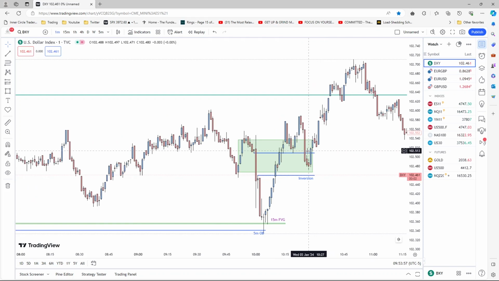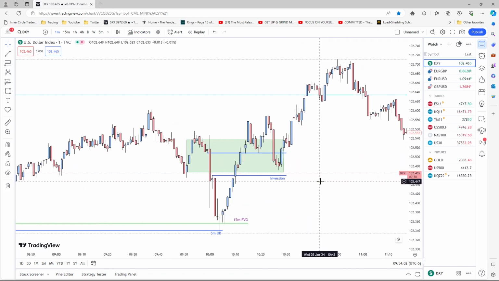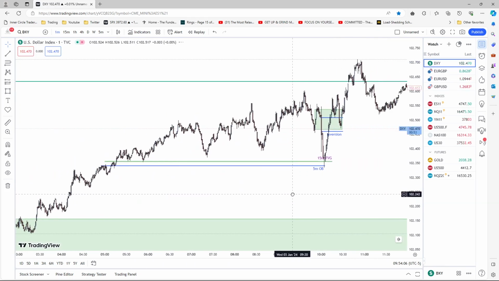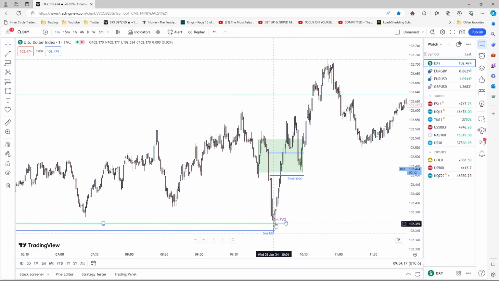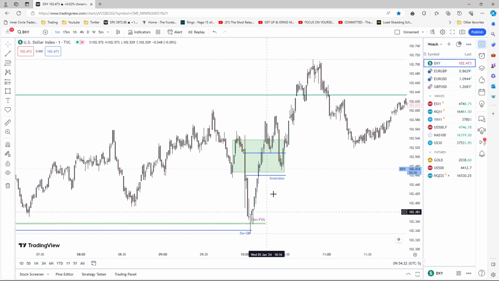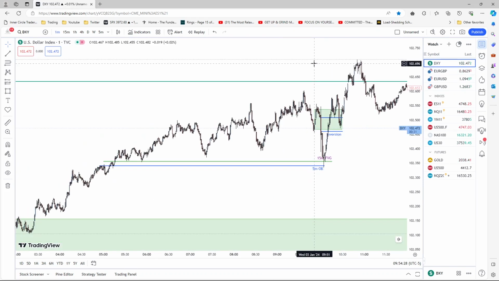Now what happened in this trade? In this specific trade, we never went from external range liquidity to internal range liquidity, but we went from internal range liquidity, fair value gaps, fair value gap, inversion level, to external range liquidity.